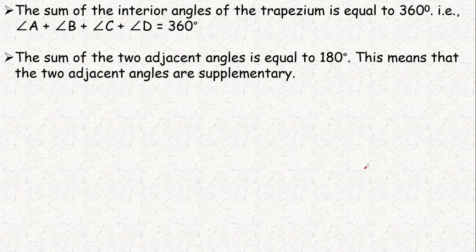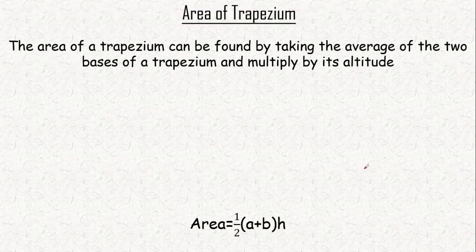That's angle A plus angle B plus angle C plus angle D is equal to 360 degrees. And next, the sum of two adjacent angles is equal to 180 degrees. This means the two adjacent angles are supplementary. When we add two beside angles, it becomes 180 degrees, which is known as supplementary.